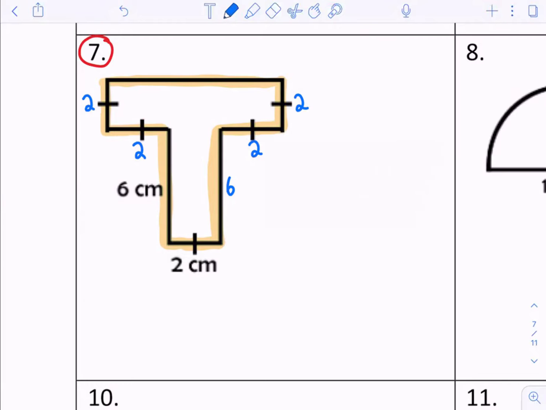Yep, which should be enough information, because I'm going to put a dotted line here because it's not part of the perimeter. I know that this length has to be 2. So what's this whole length here? 2 plus 2 plus 2 is 6.